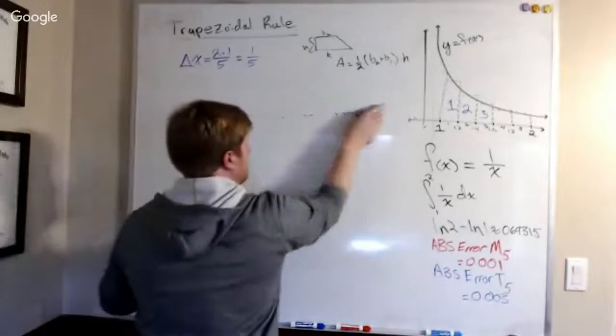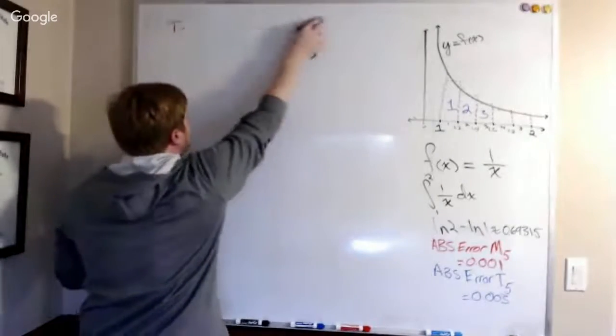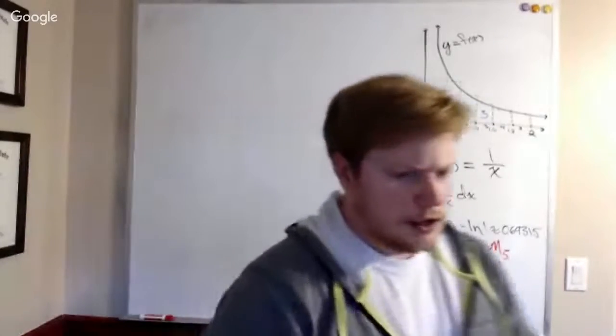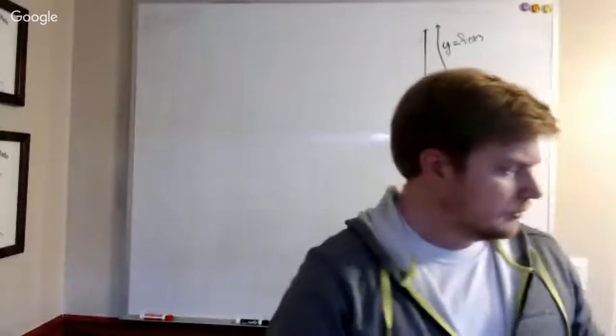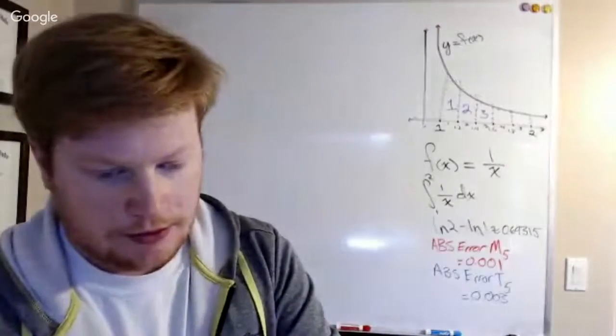A lot of times, especially in engineering, we ask ourselves, okay, how much work do we need to do to be within a certain realm of accuracy? This is called error bounding. We want to bound our error.